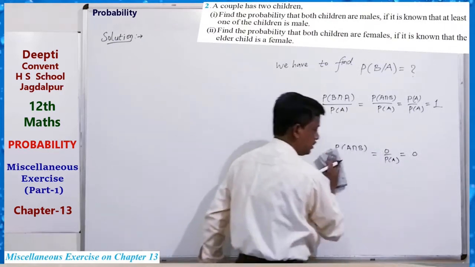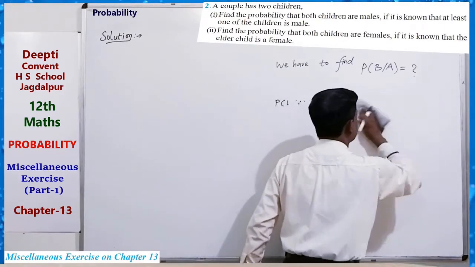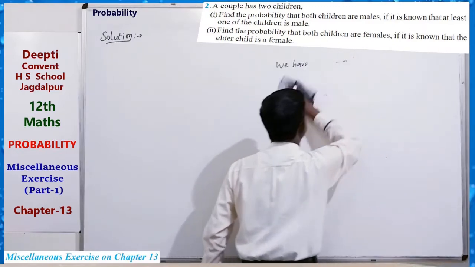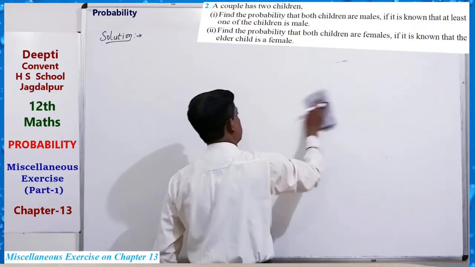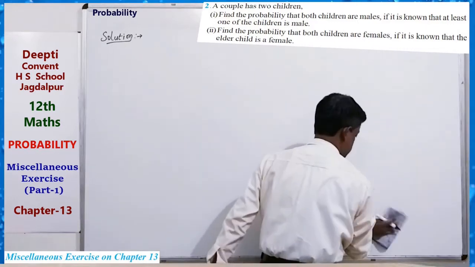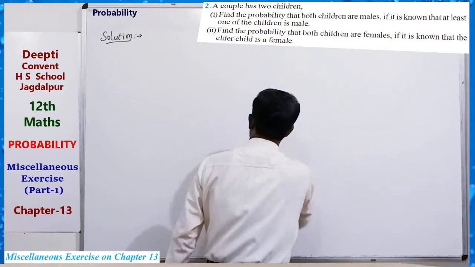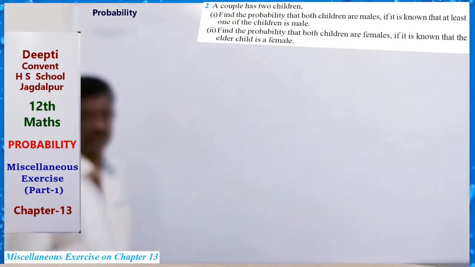Here, what will be the sample space? Here also we will find conditional probability. First of all we have to denote the events, just setting the notation.